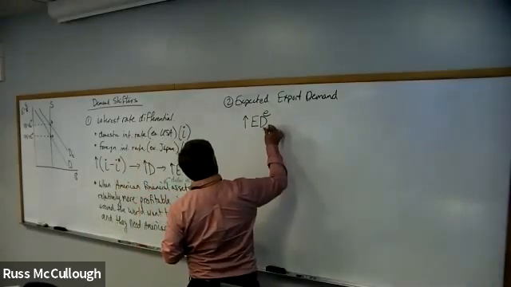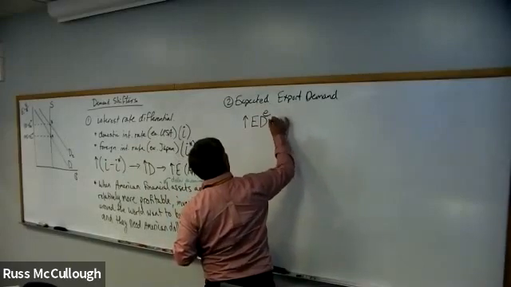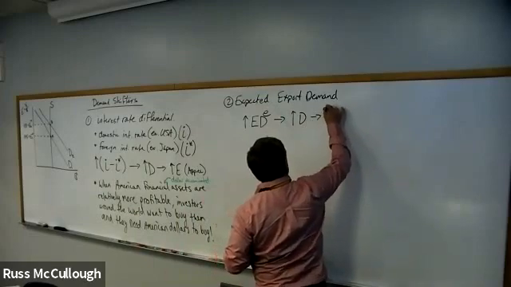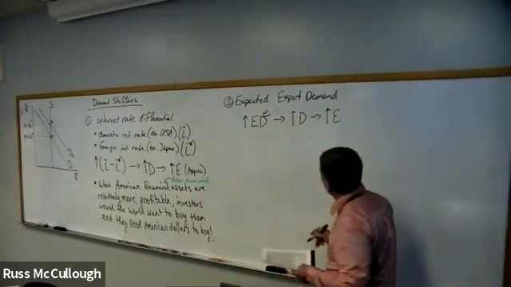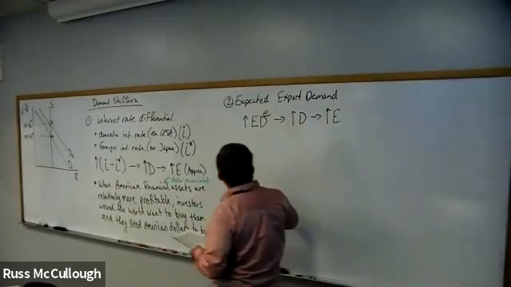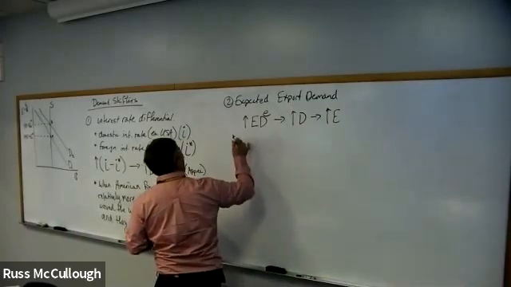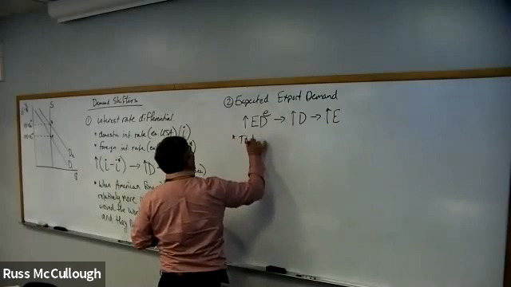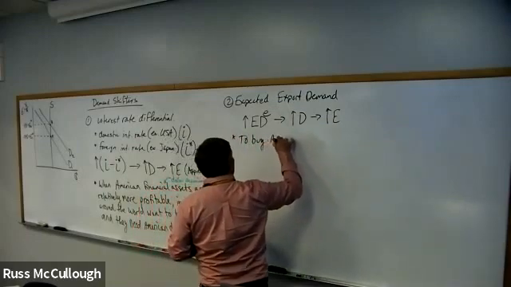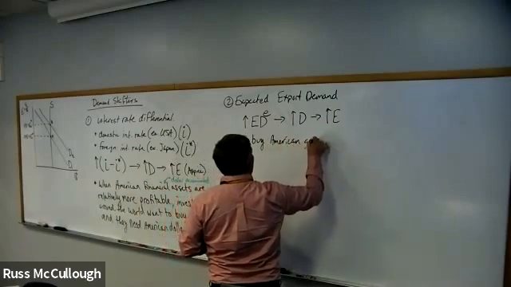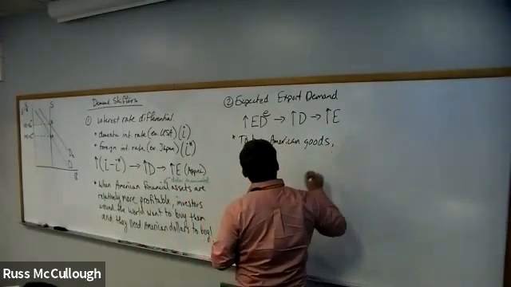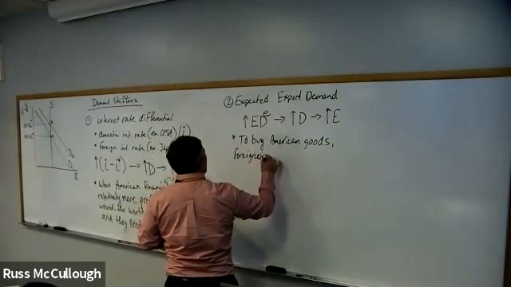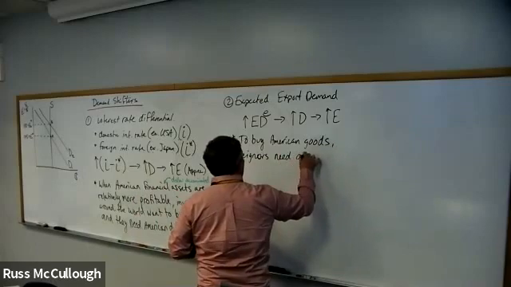So an increase in export demand leads to an increase in the demand for currency, which leads to an exchange rate appreciation. And the idea here is that to buy American goods, foreigners need American dollars.